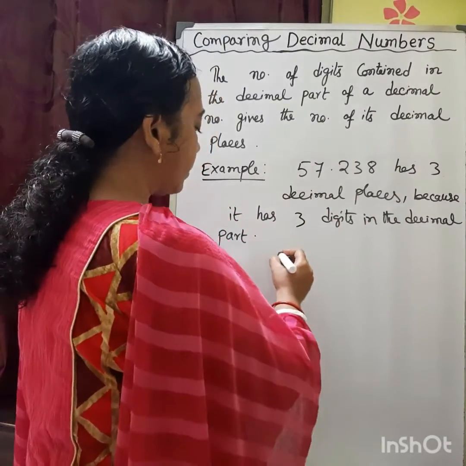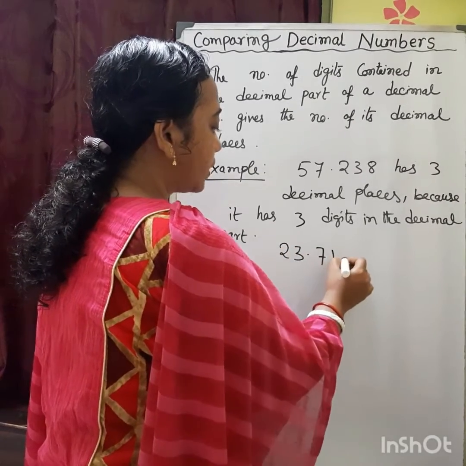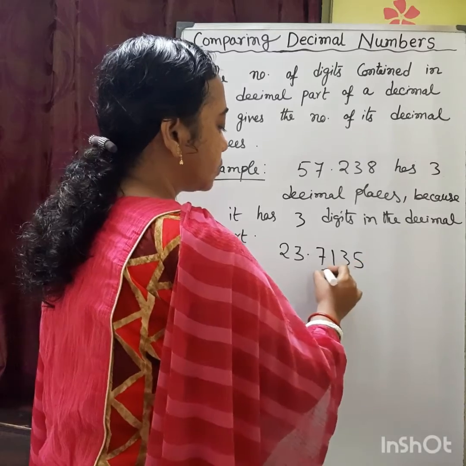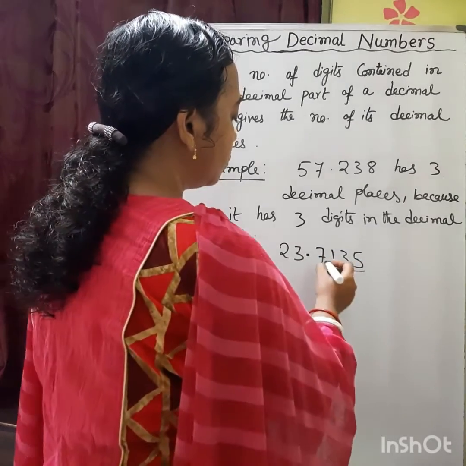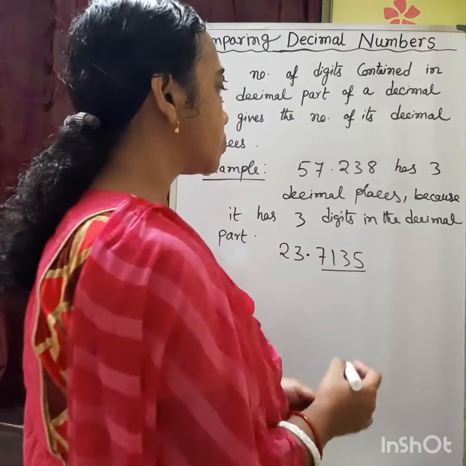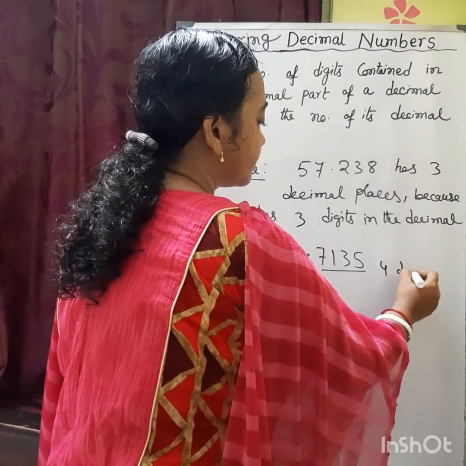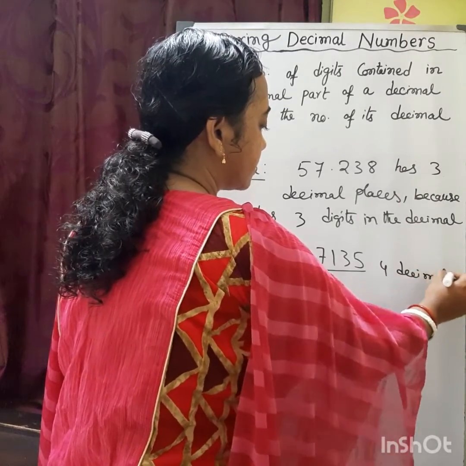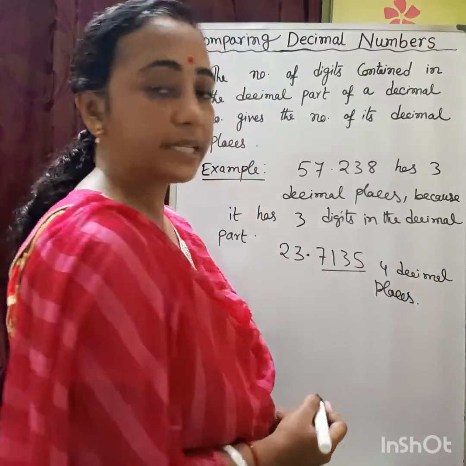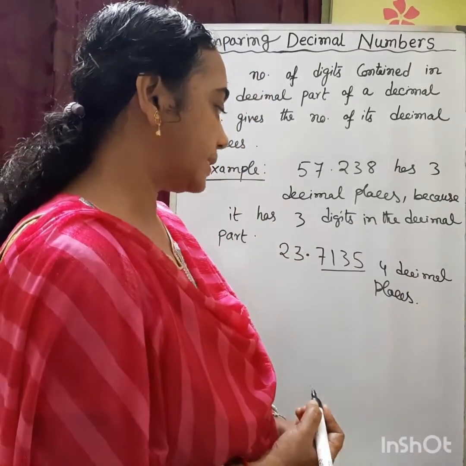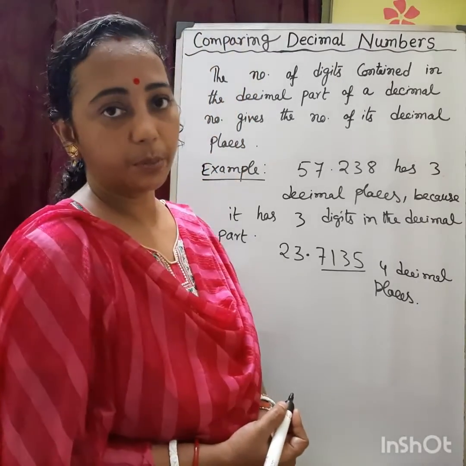Let us take another example, 23.7135. After the decimal point, how many digits are there? 1, 2, 3, 4. So this has 4 decimal places, because after the decimal point there are 4 digits.